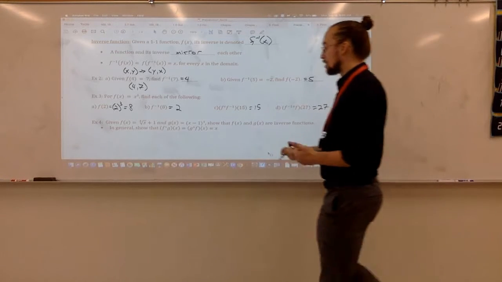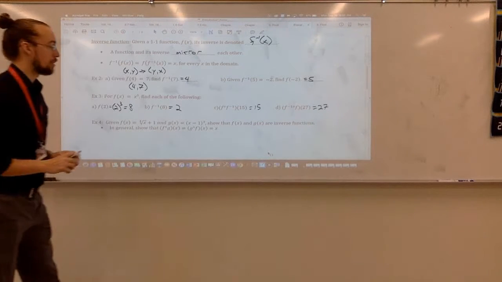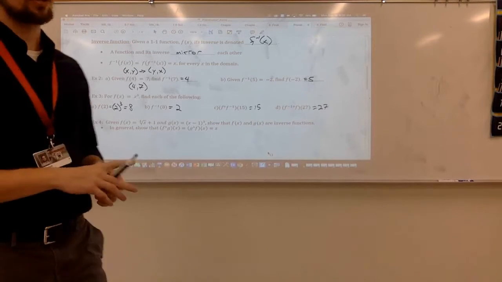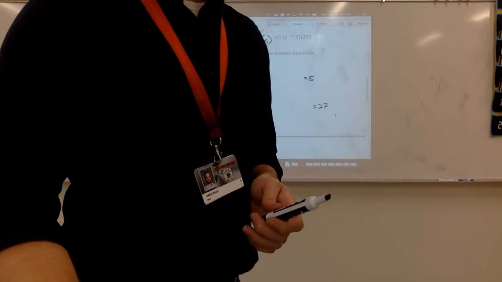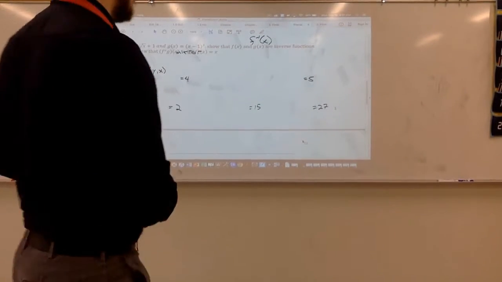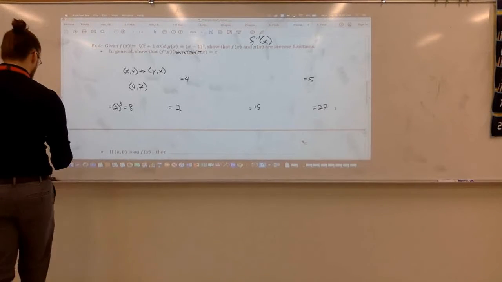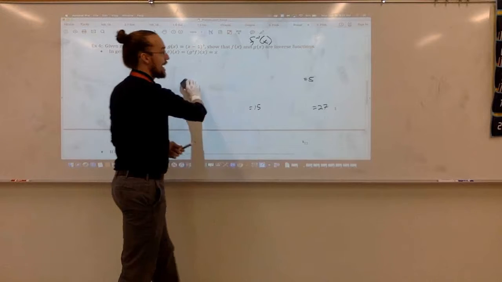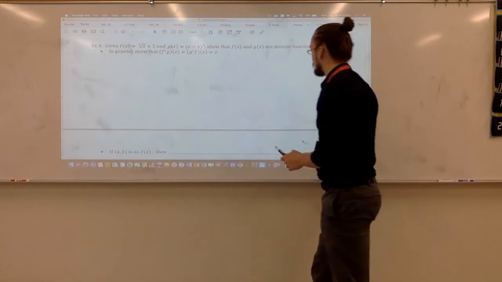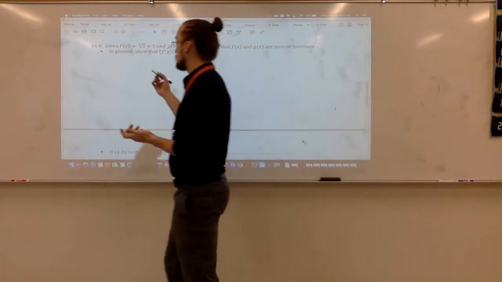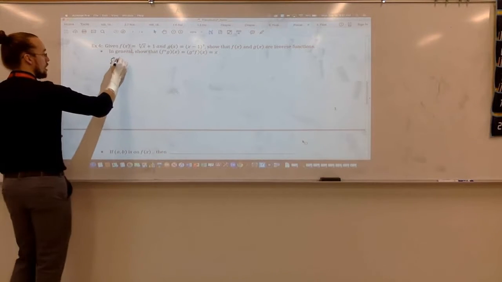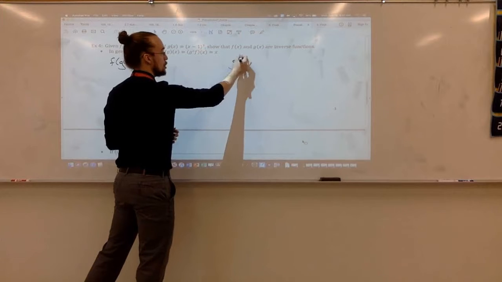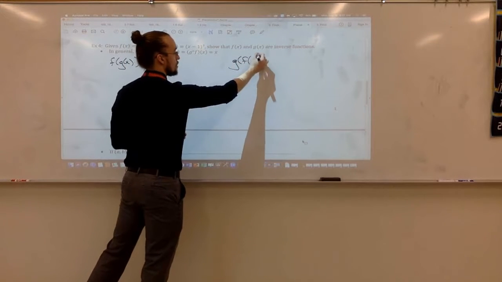So down here, let's talk about testing to see if two things are inverses of each other. We're given two functions: the cubed root of x plus 1, and x minus 1 to the third power. To test to see if two things are inverses of each other, I want to evaluate f of g of x and g of f of x.